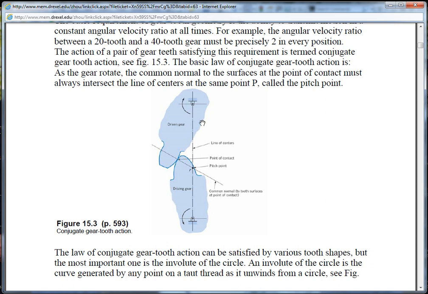If you think about it, if that ratio were changing even slightly, if you were driving down the highway and the ratio in your transmission or your rear end, whatever, was changing slightly, maybe it's 5 to 1, now it's slightly less than 5 to 1, then a little bit more than 5 to 1, constantly changing, you'd get a lot of vibration, which would be annoying and probably cause premature failure. So it's very important to be able to have gear teeth that allow you to have this conjugate gear tooth action.